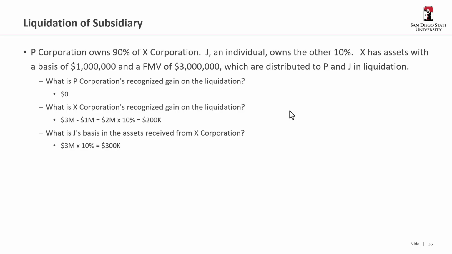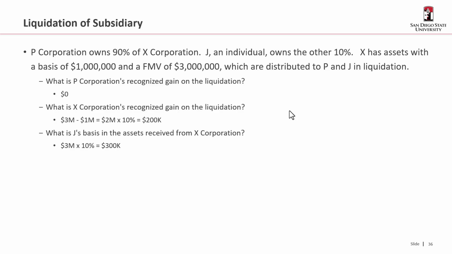Well, the $3 million minus the $1 million is the total amount, right? But because there's only a 10% minority interest, they have to recognize 200,000, or 10% of that realized gain. And what is J's basis in the assets received? Well, J's going to take the fair market value of 3 million again times 10%, or $300,000.